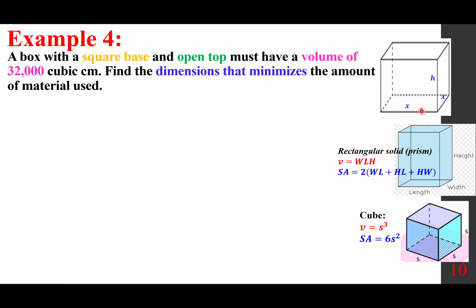The bottom has the area x squared. So does the top. Normally, the surface area would be 4xh plus 2x squared. But this is open top, so only one x squared.